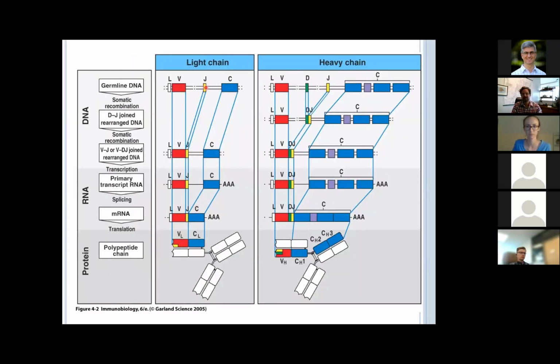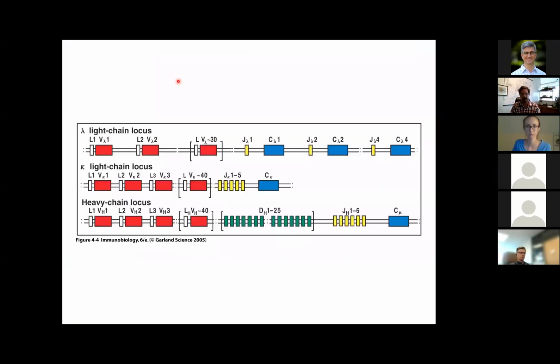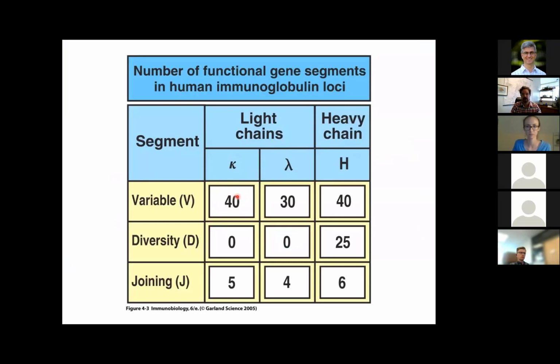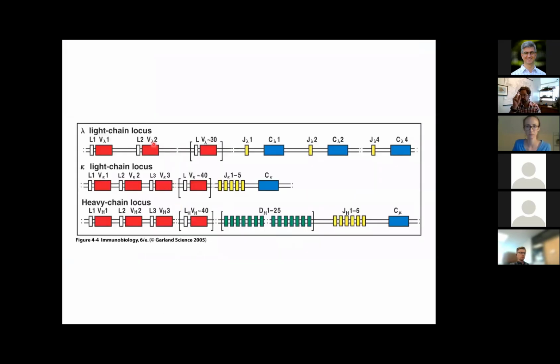The DNA is actually physically cut, and your V and J, or your V, D, and J, are stitched together to make the in-frame complete antibody for that cell. And so in a developing cell, you might have 40 different variable regions to choose from, and you're going to pick one.